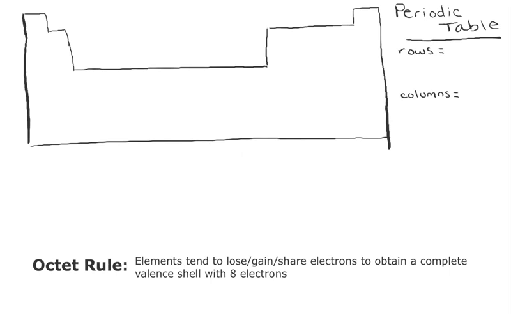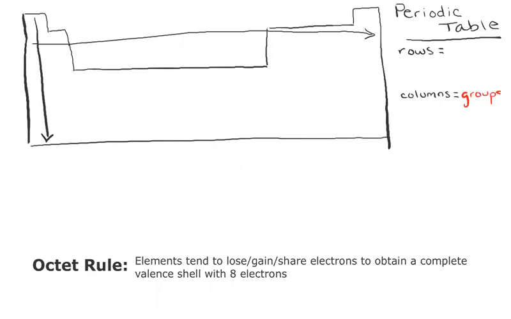When we look at the periodic table, we notice that there are rows that go this way and columns that go up and down. Now the columns in the periodic table we're going to call groups. So I'm going to go ahead and change this arrow to a red one. It's a color code.